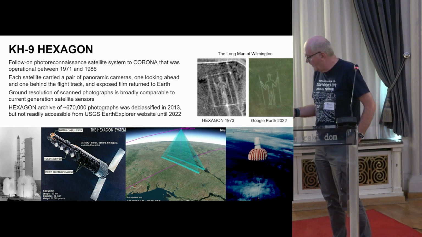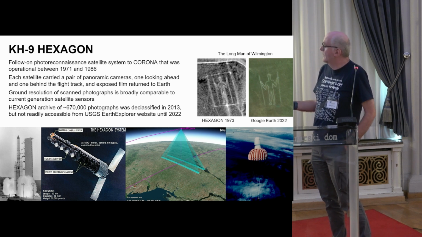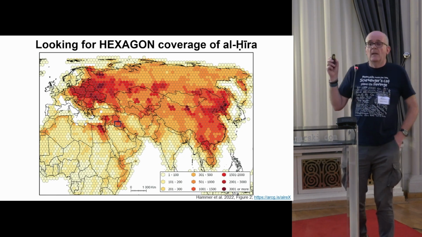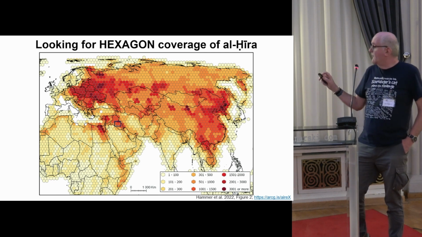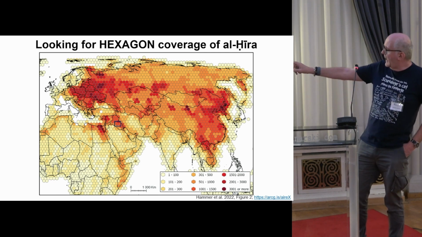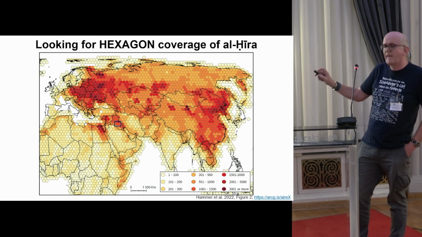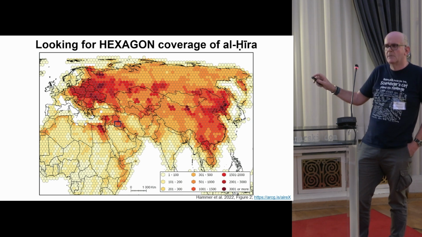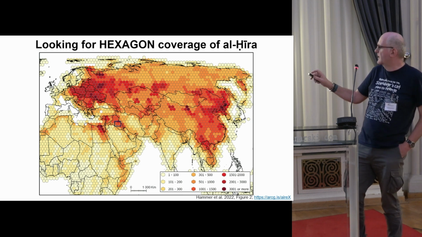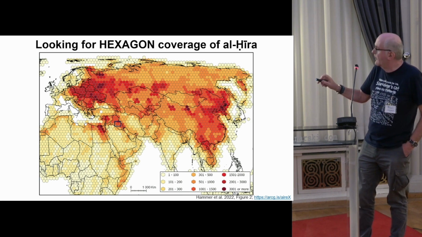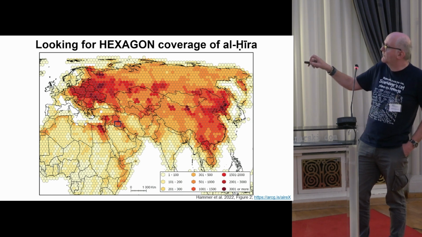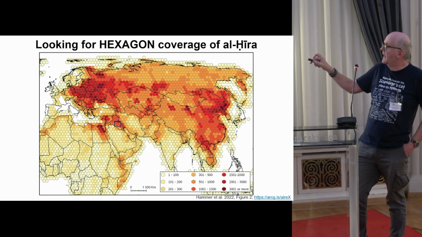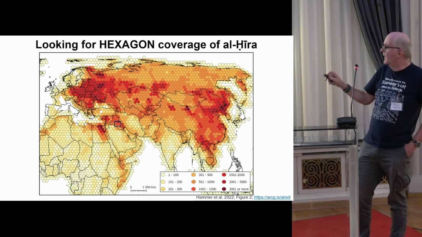Very conveniently, Emily Hammer and Jason published a paper in Antiquity last year, or maybe 2022, and they have an online site that shows the coverage of HEXAGON.